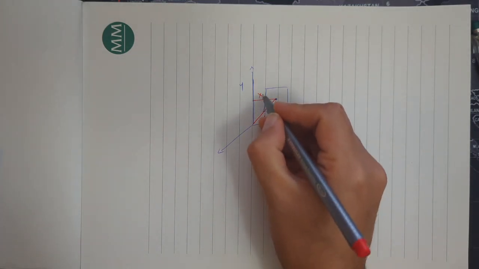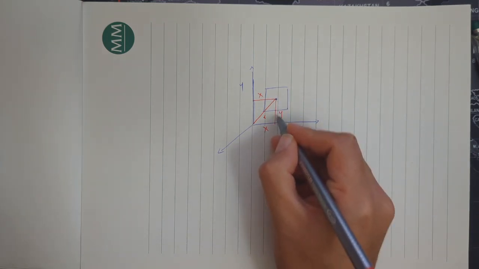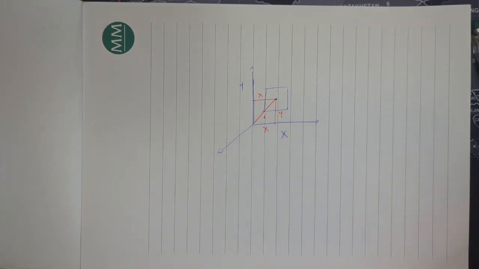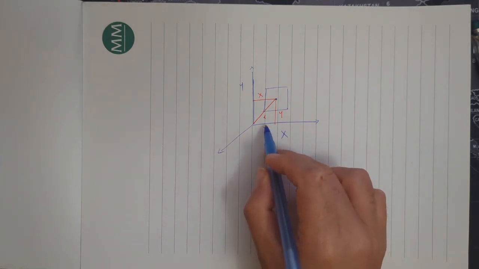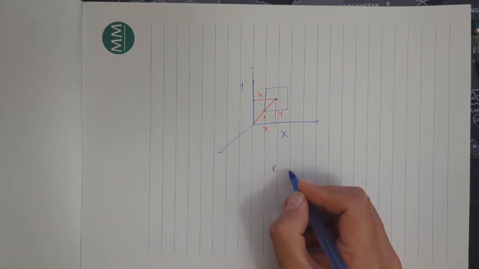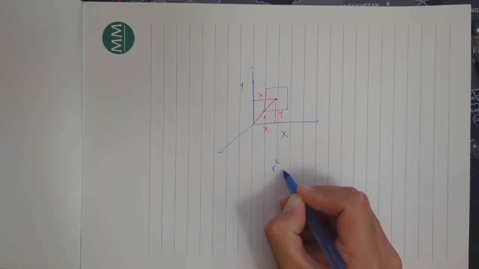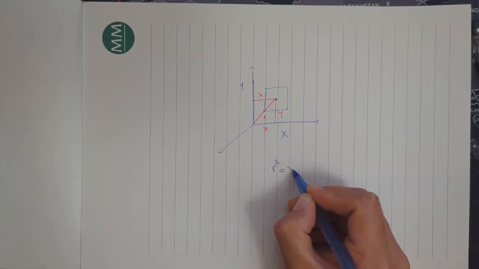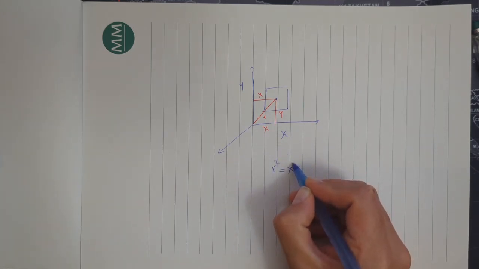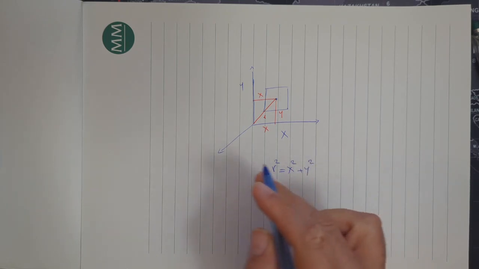As you can see in here, this is x, this is y, this is a right triangle, right? So if we want to see how much r is, as we worked on it in chapter 2, r squared equals x squared plus y squared.